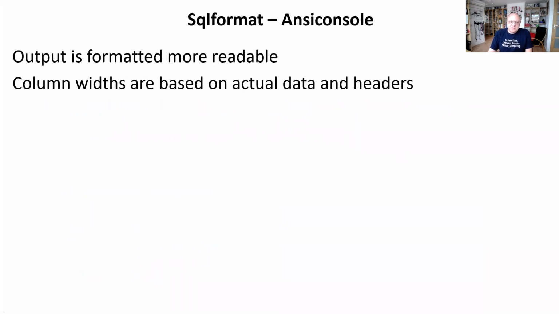Ansiconsole is pretty powerful. It formats your output to be more readable. Column widths usually have the width of the data type. With Ansiconsole, the width of a column is based on the actual data and the column name.